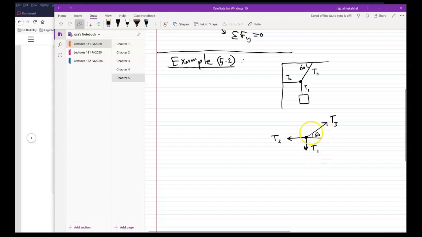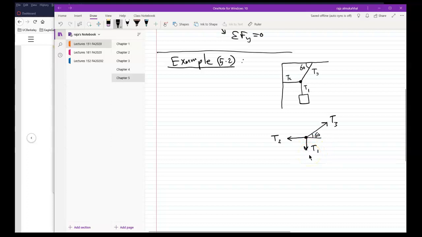So I have a two-dimensional problem. What that means is that I have some forces on the y-axis, this is on the x-axis, and this is kind of in between, right? So in other words, the T3 has to be resolved into components, x component and y component. You get that? T2 is only on the x component, so I don't need to do anything with it. T1 is the y component. I don't need to do anything with it.